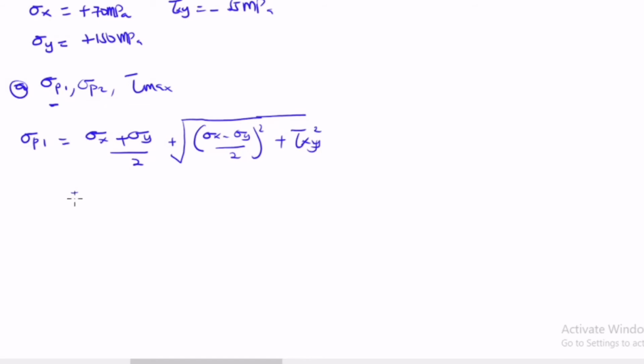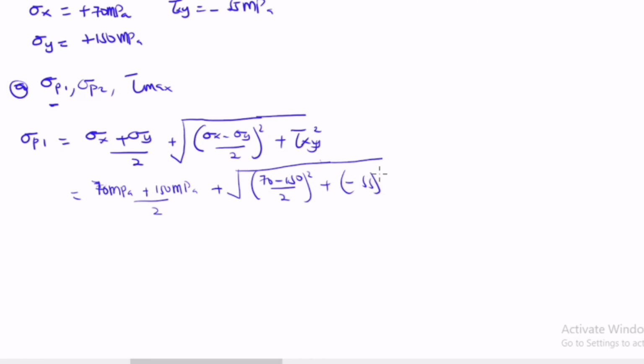In that case, we do substitution. In this case, we put in that we have 70 megapascal plus 150 megapascal divided by 2, then plus square root of 70 minus 150 divided by 2 all squared plus minus 55 squared.